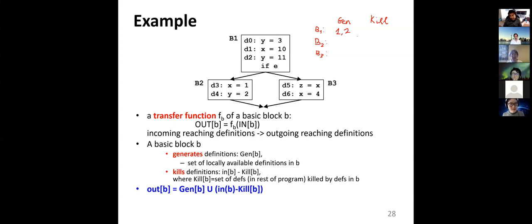Okay, then let's go to what Dishant asked, what is then the kill set of the basic block 1? Which definitions are killed by basic block 1? D0. Okay, 0. What else?